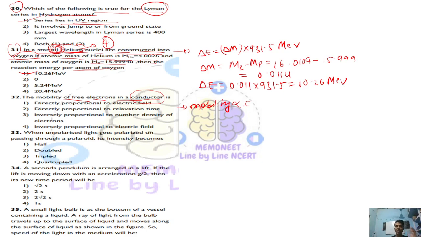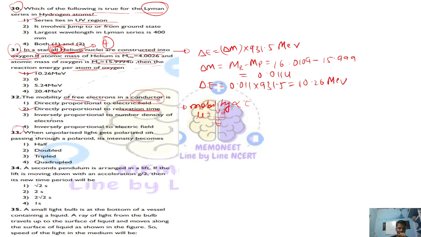So it directly depends upon the relaxation time. You can also get a formula: mobility is defined as drift velocity per unit electric field. If you put in the drift velocity, it will come out to depend on the relaxation time.